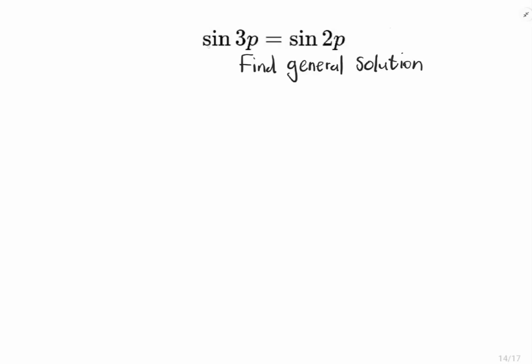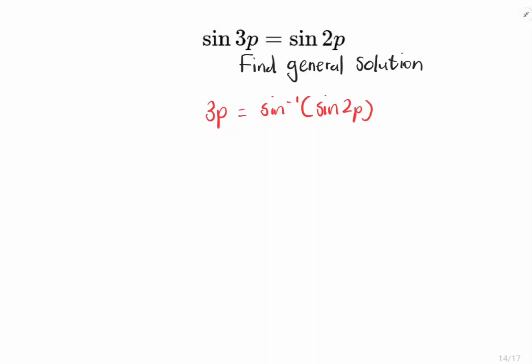With general solutions, you would go to your calculator and type shift sine of whatever you're going to get on the right hand side. In this case, we really cannot type 2p into the calculator. So it would be like saying 3p is equal to shift sine of sine 2p.